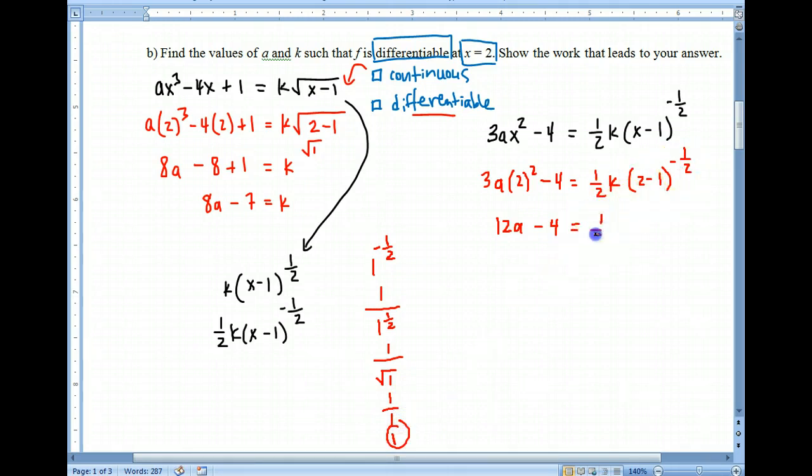So I just get 1/2 k on this side. So did that help any? Yep. How does that help?